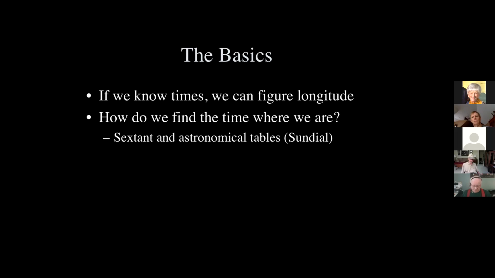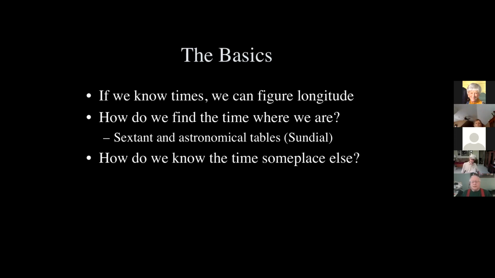And it's complicated by all sorts of other things, like whether or not you've got cloudy skies or clear skies, etc. But the idea is that you use your sextant and the astronomical tables that you've brought with you as an extraordinarily accurate sundial. That's really what it comes down to. Your sextant and astronomical tables allow you to figure out what time it is, where you are, by taking observations.